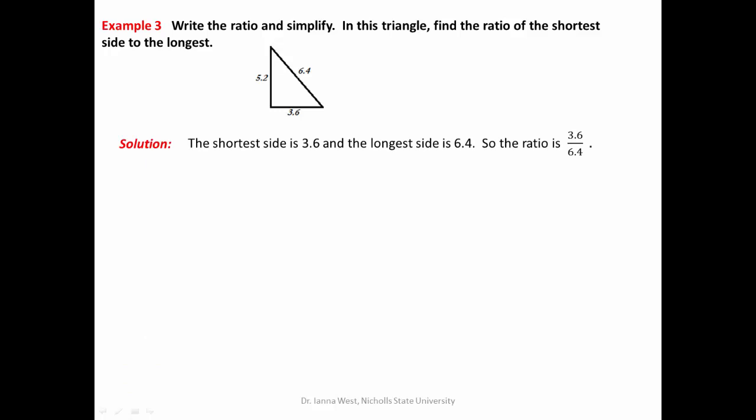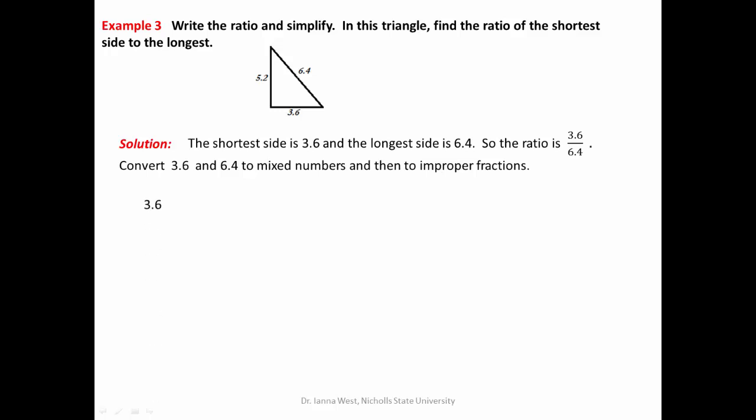So the ratio is 3.6, or 3 6/10, to 6.4, or 6 4/10, or 3.6 over 6.4. We will now convert the decimal numbers to mixed numbers and then to improper fractions so that we can write our final answer as a fraction in lowest terms.